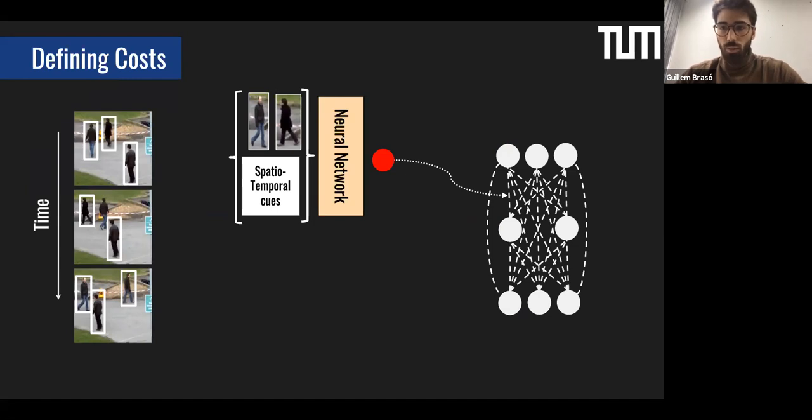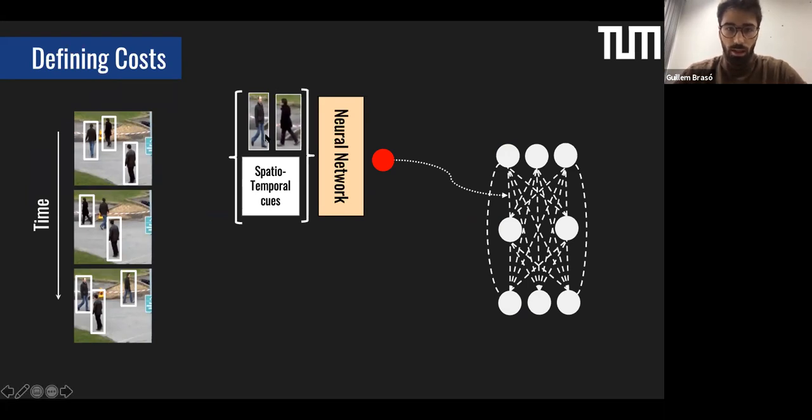For instance, this could be a Siamese network where you have a CNN on top of each box and extract features while sharing weights. The idea is that you want to predict a score, this cost, representing whether these objects will be together or not.